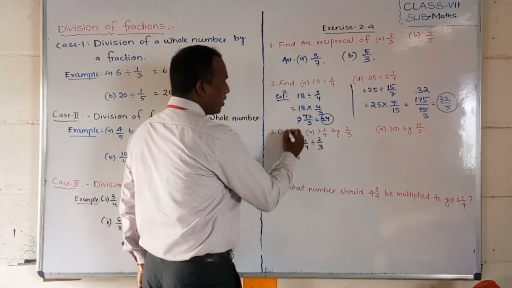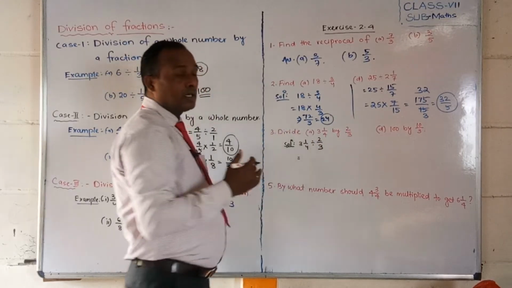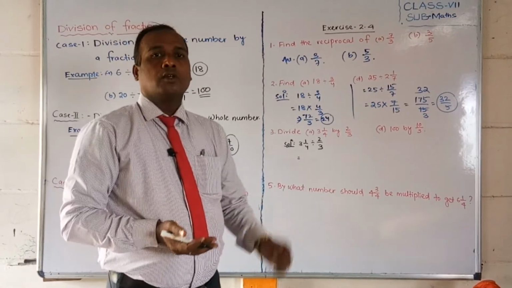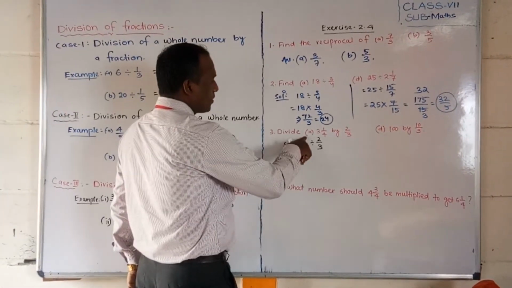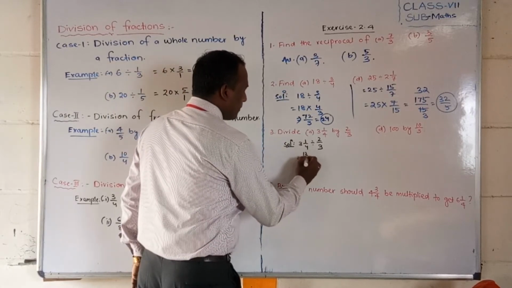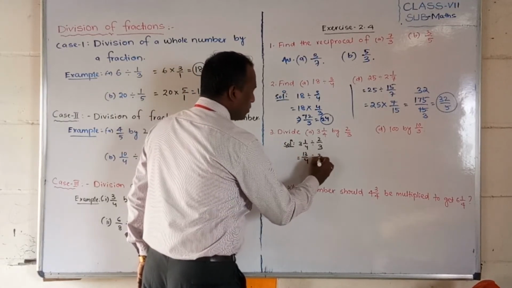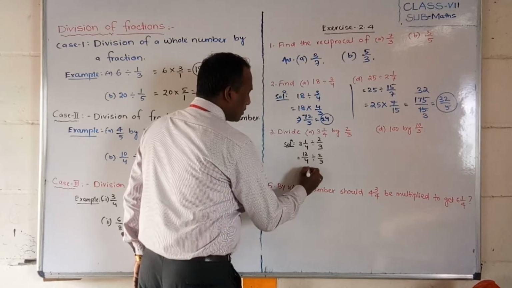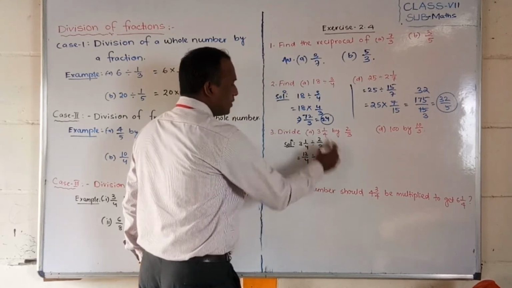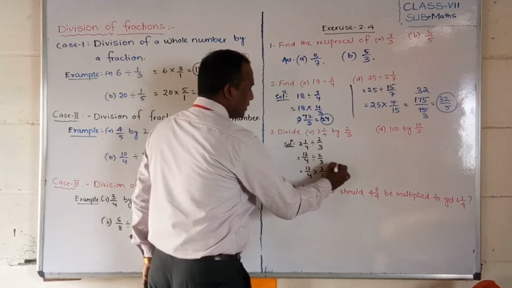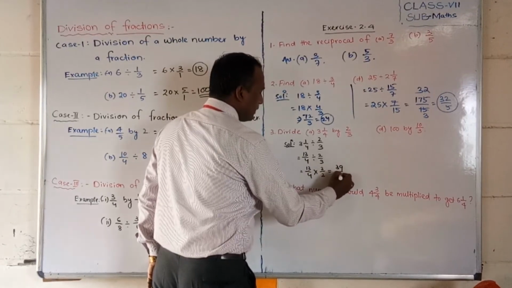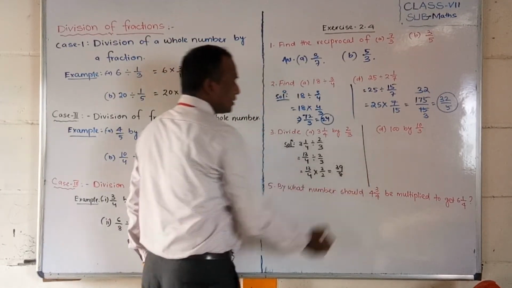First convert the mixed fraction into an improper fraction. 3 4s are 12 plus 1 is 13 by 4 divided by 2 by 3 is equal to 13 by 4 into the reciprocal, 3 by 2, which is 13 3s are 39 by 8. This is our answer.